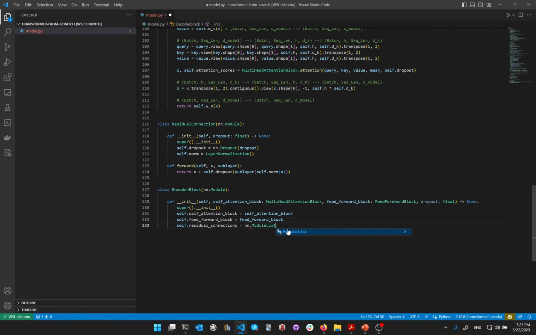We use the ModuleList, which is a way to organize a list of modules. In this case, we need two of them. Okay, let's define the forward method.